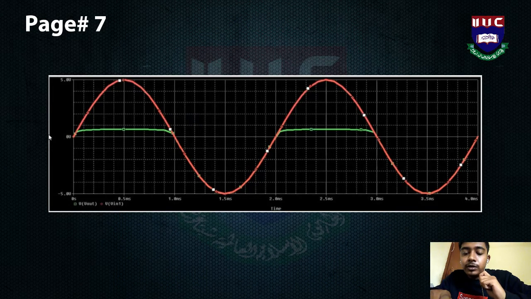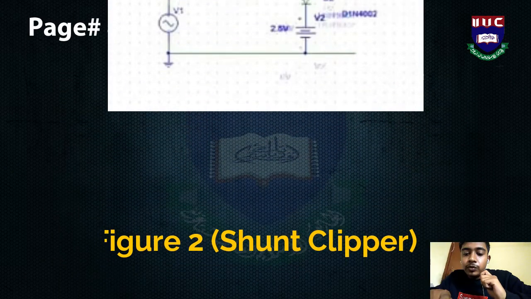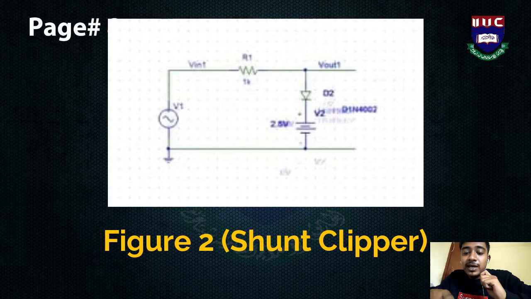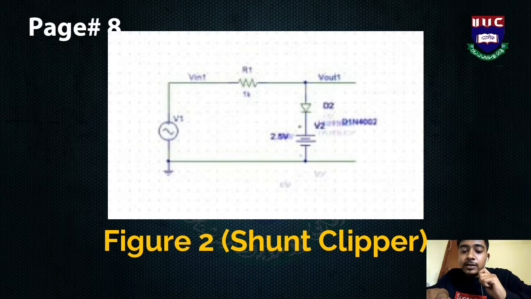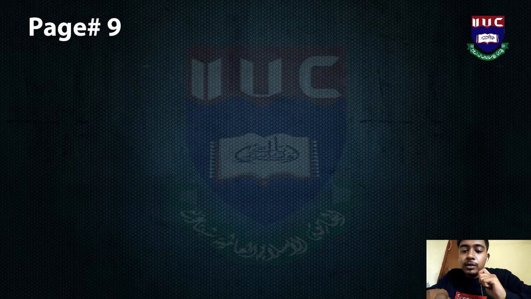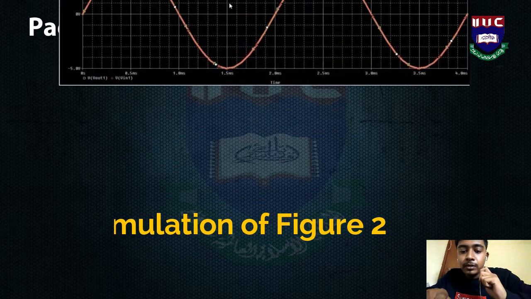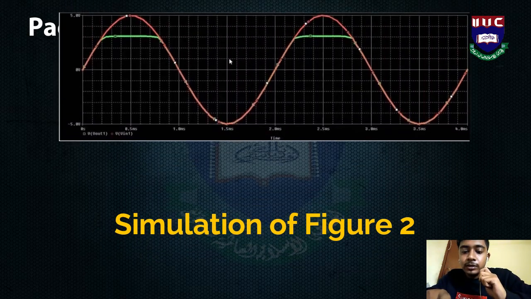Now we are going to try something new, like we use a shunt clipper in this figure 2. Here we use a 2.5 volt shunt and the other elements are the same as figure 1. If we connect this diagram with the oscilloscope, then we will see this type of simulation.